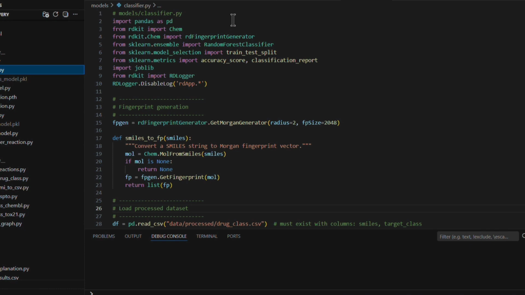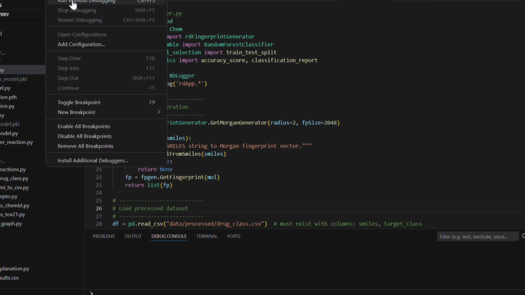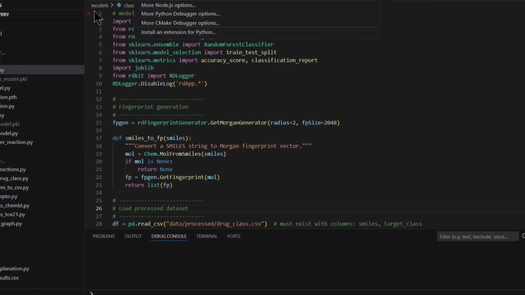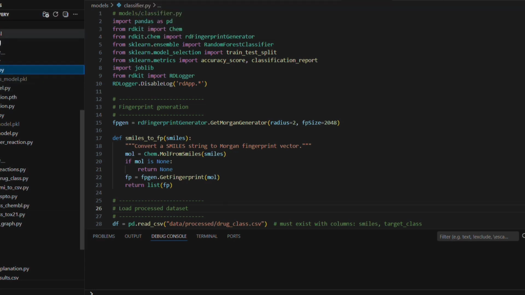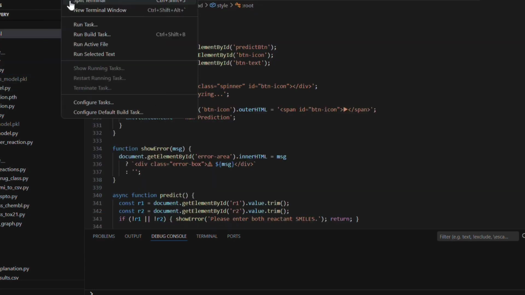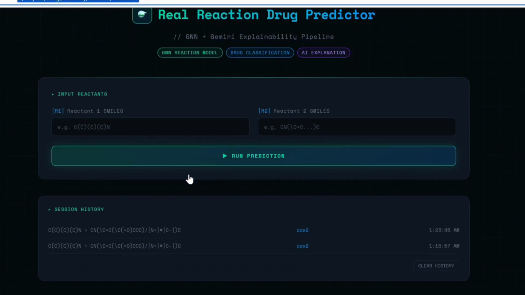And let us run the UI part to see the final website. And this is our final output UI for our project.